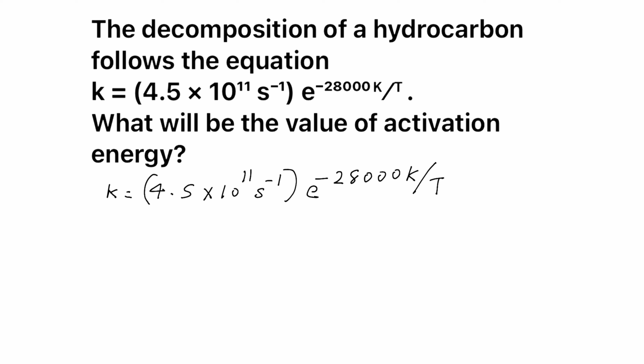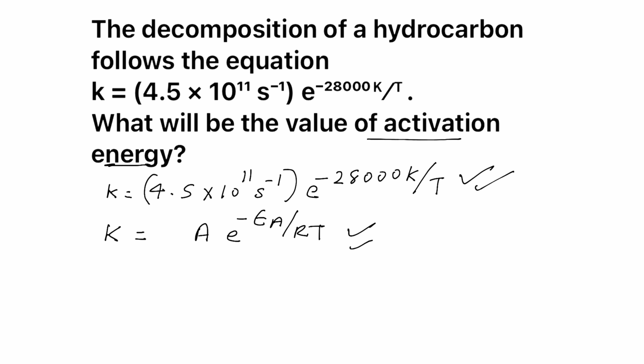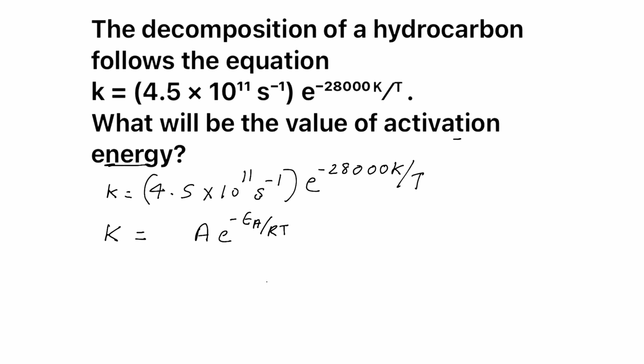See, we have to find the value of activation energy, Ea. Okay, so directly you write the Arrhenius equation and compare it. So k is equal to A e raised to minus Ea by RT. Correct? See, this is the given equation and this is the Arrhenius equation. Just compare it. You will be getting the direct answer.